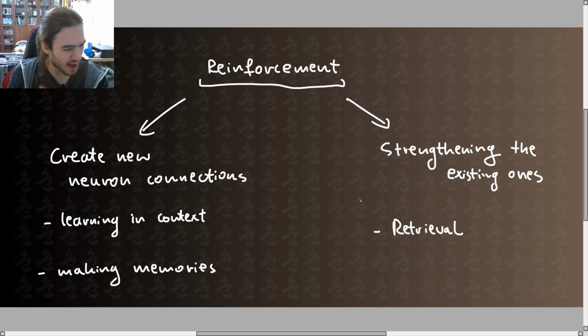Because whenever you try to recall information, whenever you try to go on that path, this path gets clearer and smoother with each go. You don't even have to recall that word, that phrase on the first try, on the second try. The important thing is that you try to recall it, okay? And that's what's strengthening that connection.